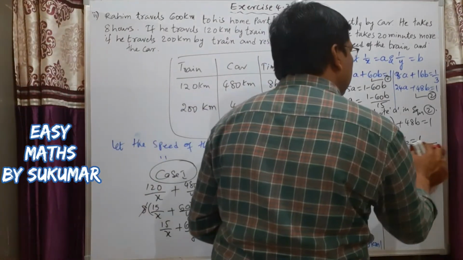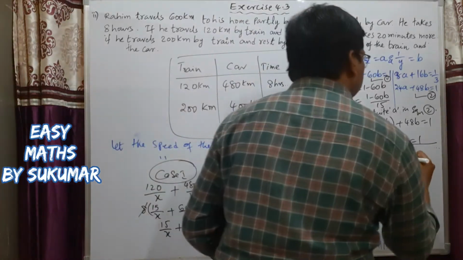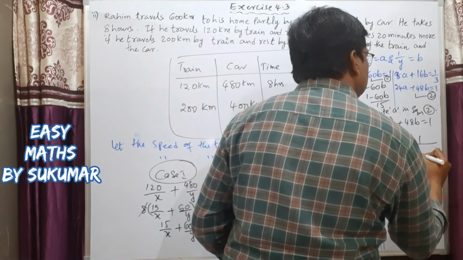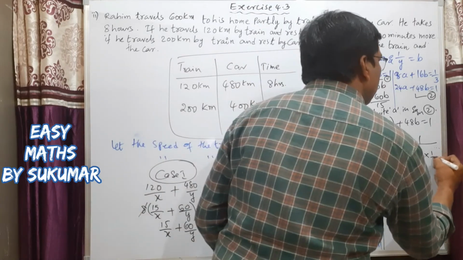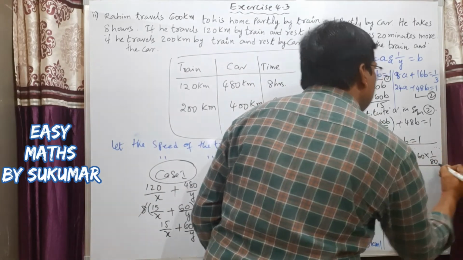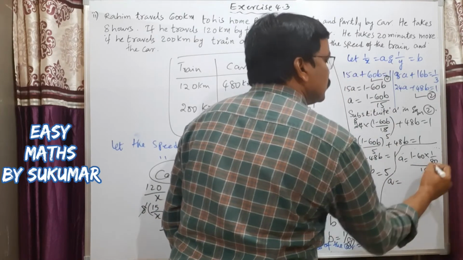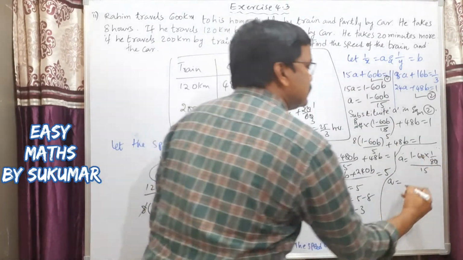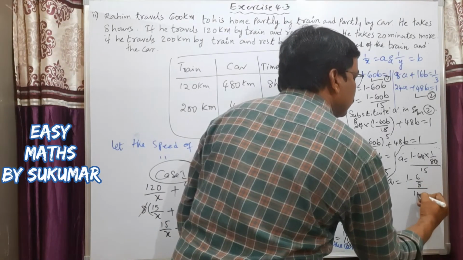Here actually A is equal to what? 1 minus 60 into B, which is 1 by 80, 1 by 80 whole by 15. Okay. So A is equal to, the 0s get cancelled, that is 1 minus 6 by 8 whole by 15.